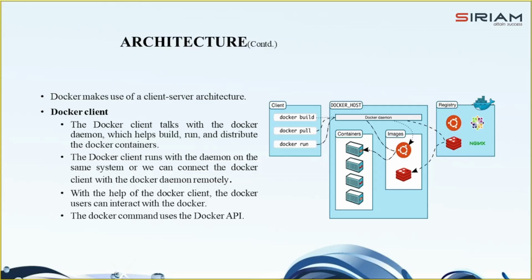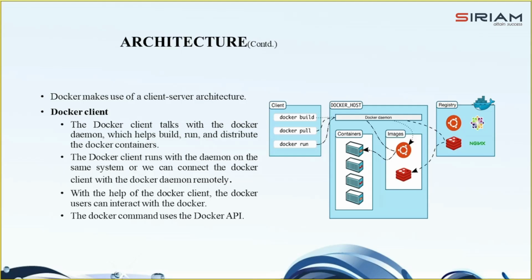If we talk about docker build, this command is used to build Docker images from the Dockerfile. And how does it work? When you run docker build, Docker reads the instructions specified in the Dockerfile and creates a new image based on those instructions.